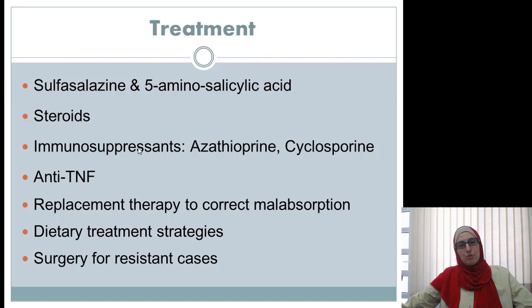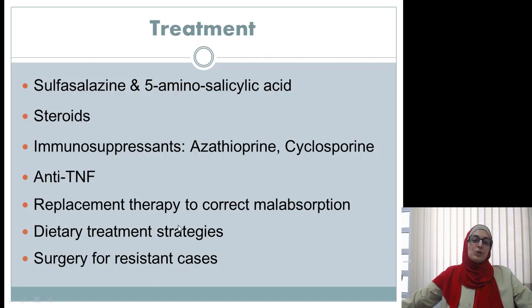Whenever it is hard to control the inflammation, we try to use steroid-sparing drugs, as we call them, like azathioprine or cyclosporin. Anti-TNF, which is one of the new medications, we call them the biologics, are being used for treating IBD.